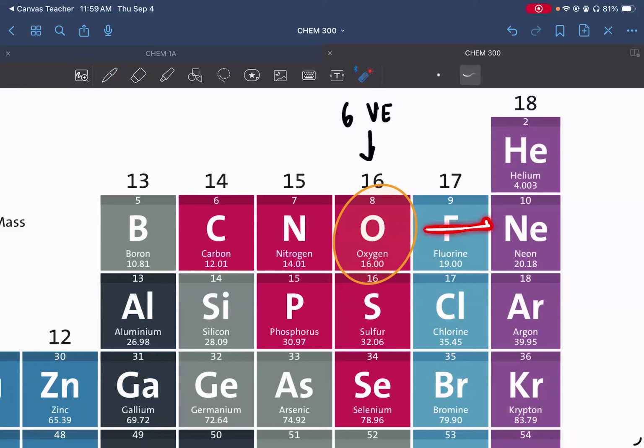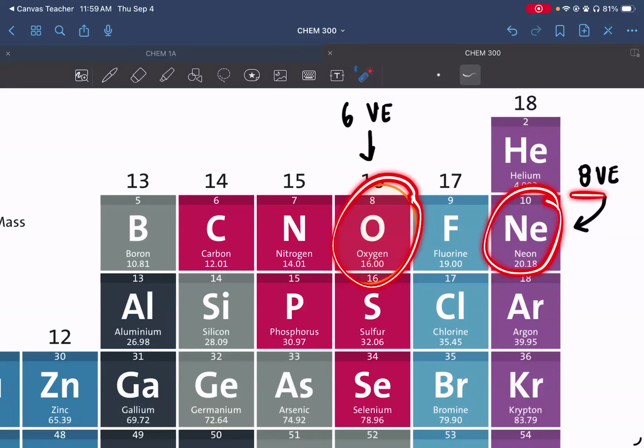Its closest noble gas is neon. And neon has 8 valence electrons. Technically speaking, it is also a far neighbor with helium. But its closest noble gas neighbor is neon. Oxygen wants to look like neon in terms of its valence electron count.